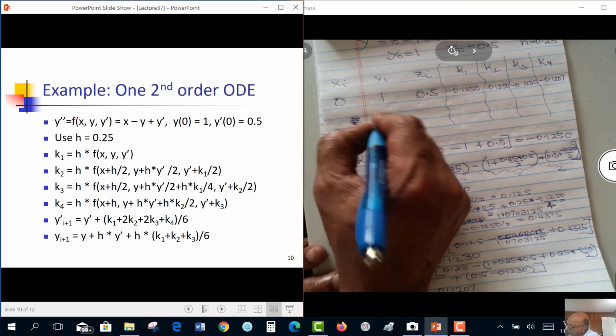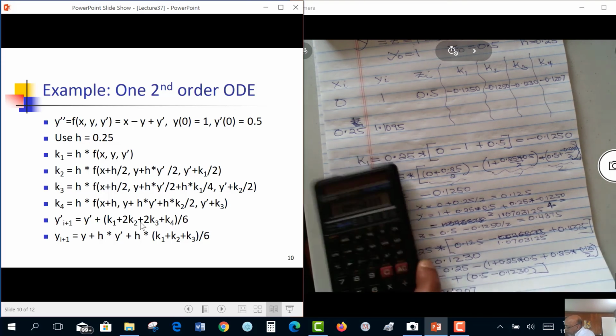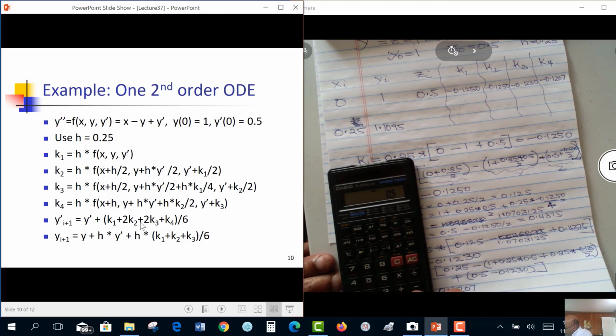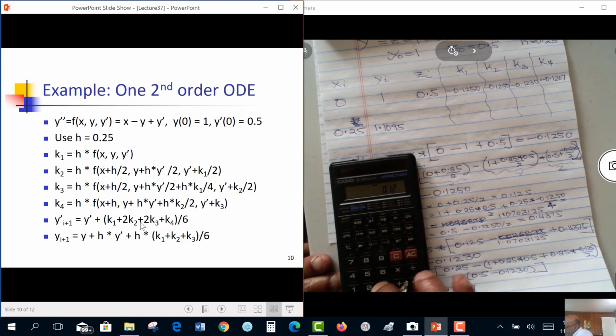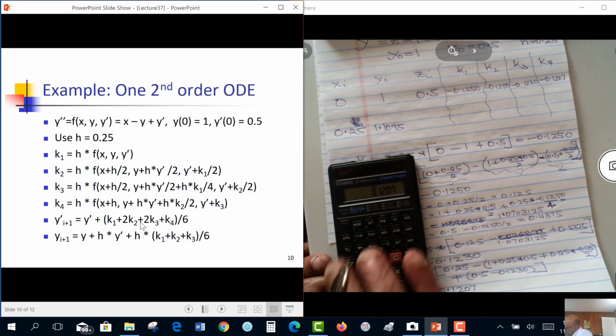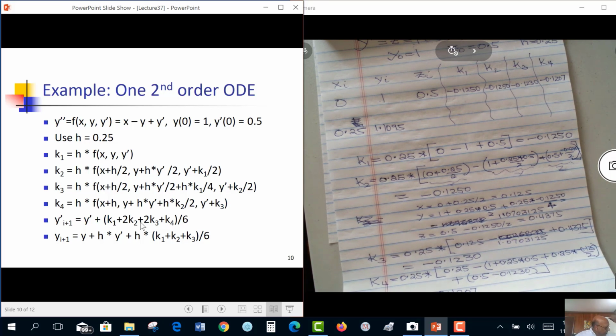So 1.1095. And then for zi plus 1, which is same as y prime, we will do z plus h times k1 plus 2k2 plus 2k3 plus k4 divided by 6. So we'll get 0.3764.